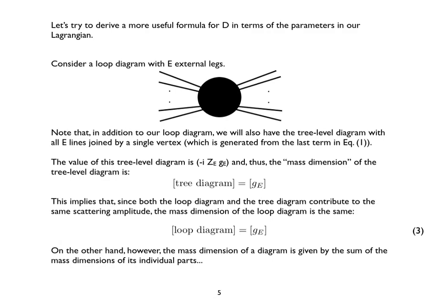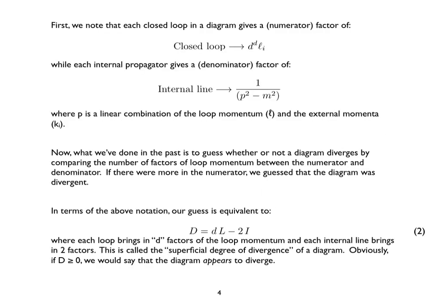All right, so what I want to try to do is derive a more useful formula for D in terms of the parameters of our Lagrangian, okay? That helped us on particular diagrams, right? So we could use this when we had a particular diagram that we were going to compute. But just looking at the Lagrangian, we couldn't tell if it was renormalizable or not.